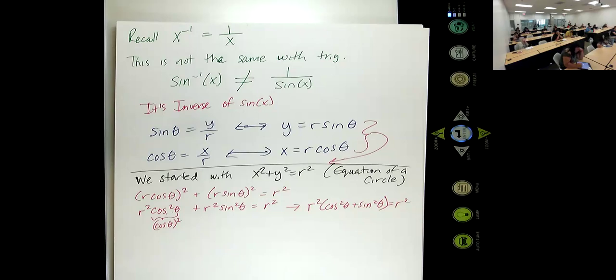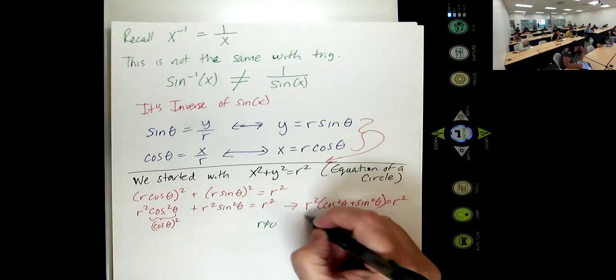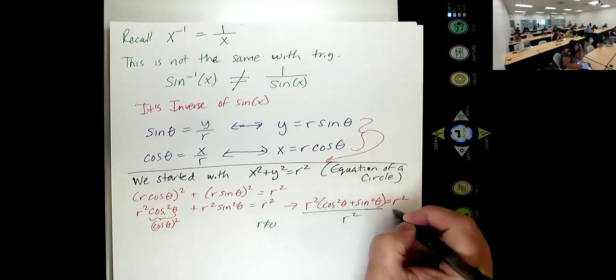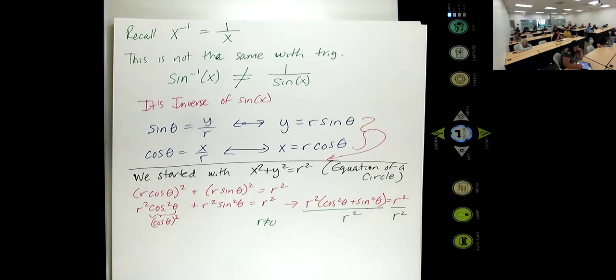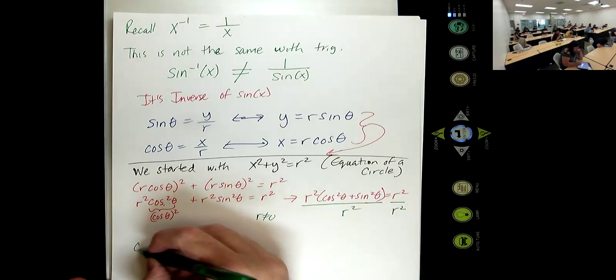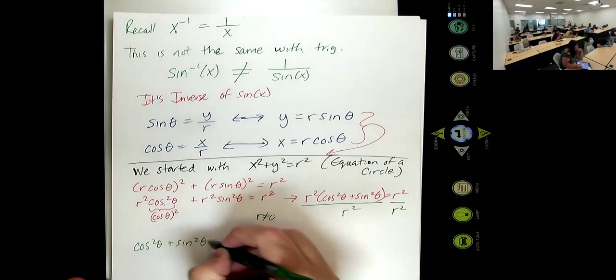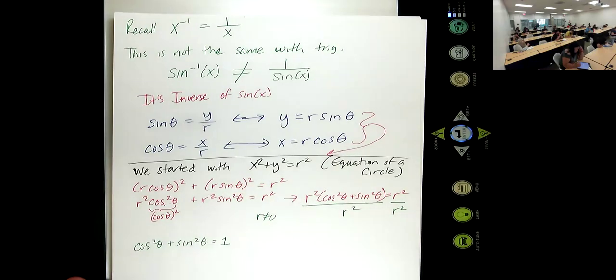So we can divide by it. R does not equal 0, so we can divide both sides by r squared. And if we do that, we get cosine squared theta plus sine squared theta equals 1.